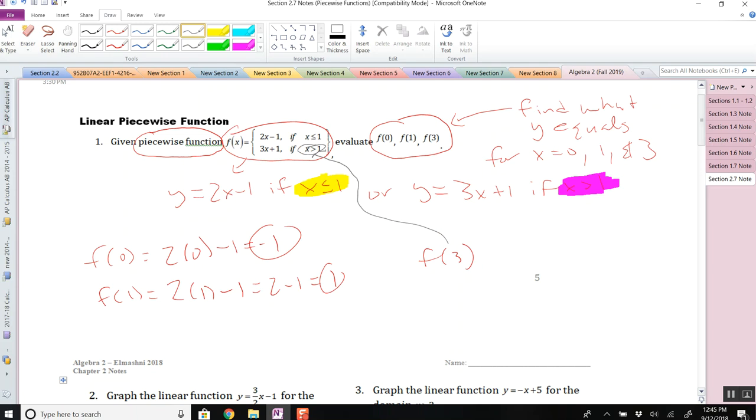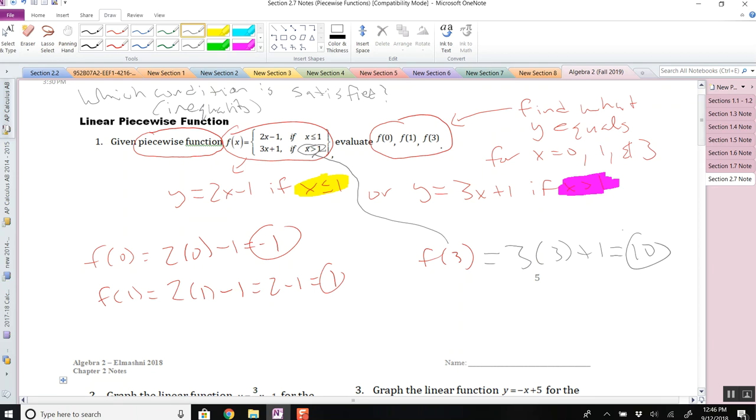So a good way of thinking about it is: which condition, and when I say condition, I'm referring to the inequality, is satisfied, and then use the expression that goes with it. So we're going to use 3x plus 1 in this case. I'll do 3 times 3 plus 1, which of course is 10.